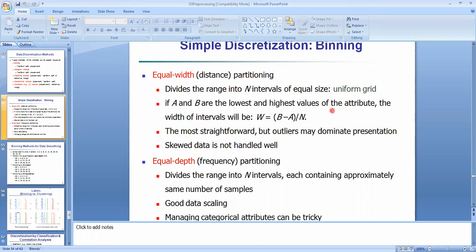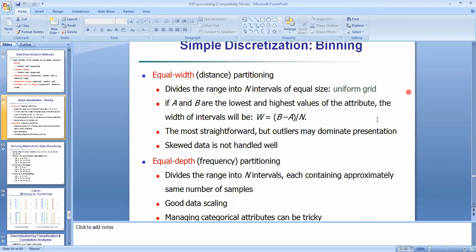It divides the range into N intervals of equal size, a uniform grid.